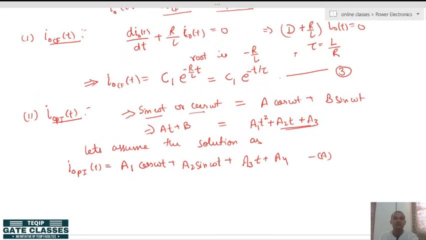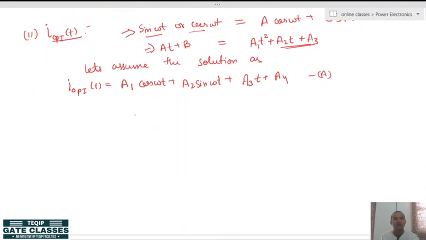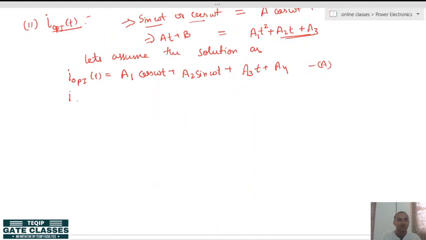So we have to put this solution in equation number 1. So we have got I naught p of t, so we have to find the I naught p dash t also. So what is the I naught p dash t here? That also we have to calculate. I naught p dash t is equal to, just differentiate the whole equation A, we will get minus a1 omega sin omega t plus a2 omega cos omega t plus a3 plus 0.